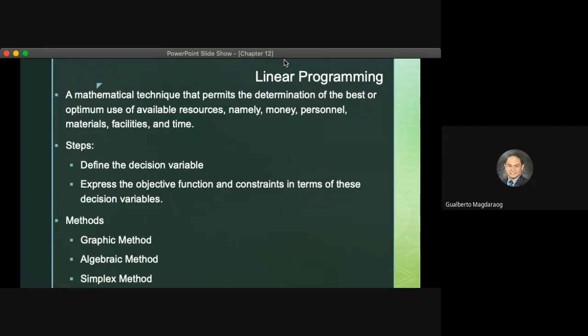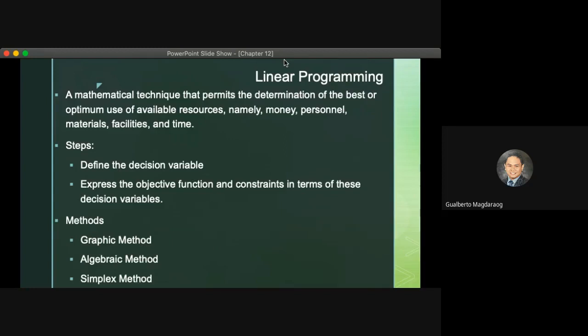So in short, linear programming is used for determining the appropriate combinations of our available scarce resources, because sometimes our resources are our limitations, so we have to utilize them at their maximum.